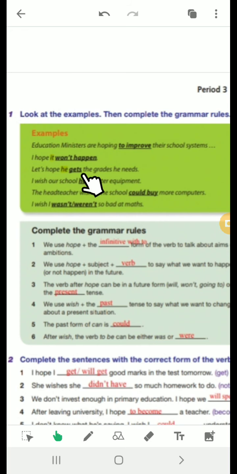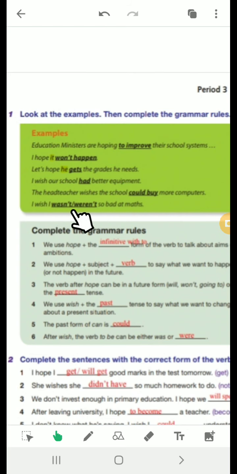But which tense of the verb here we use? We use had, past simple from have, so it's past simple. The head teacher wishes the school. After wishes also we have subject, the school. And which tense we use? Could buy, could, past from can, so also past tense.